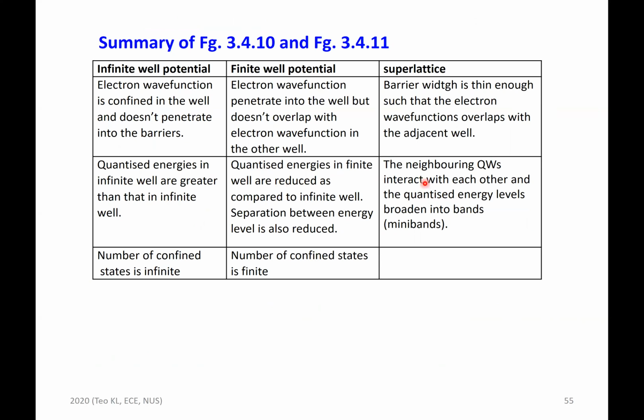For the superlattice, the neighboring wells interact. So the quantized energies broaden into a band, called the miniband, so electrons can move inside the miniband. For the infinite well potential, the number of confined states is infinite because the barrier is infinite. And of course, obviously, for the finite well potential, the number of confined states is finite.